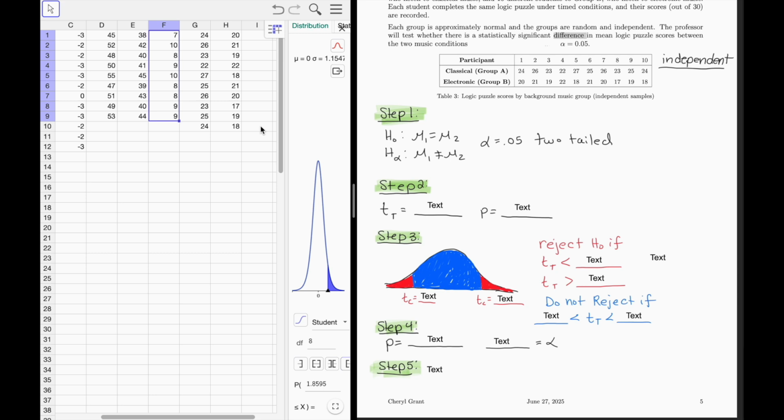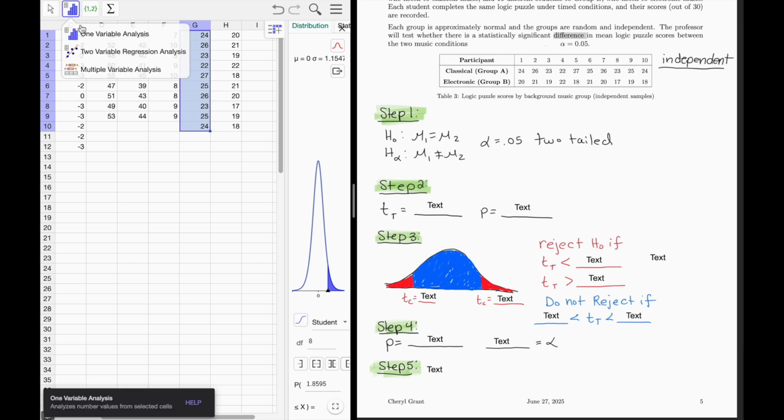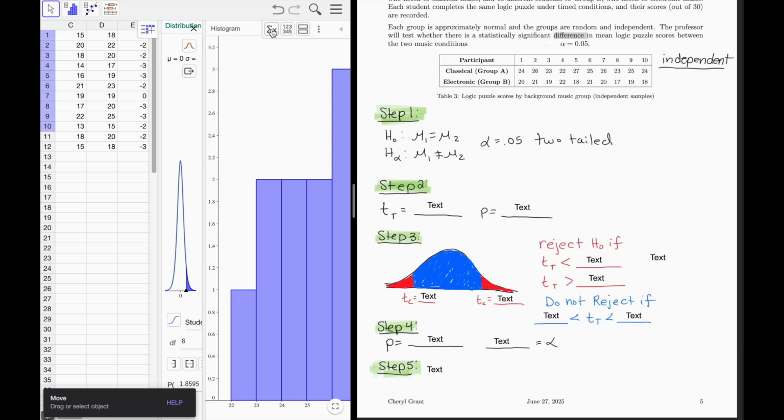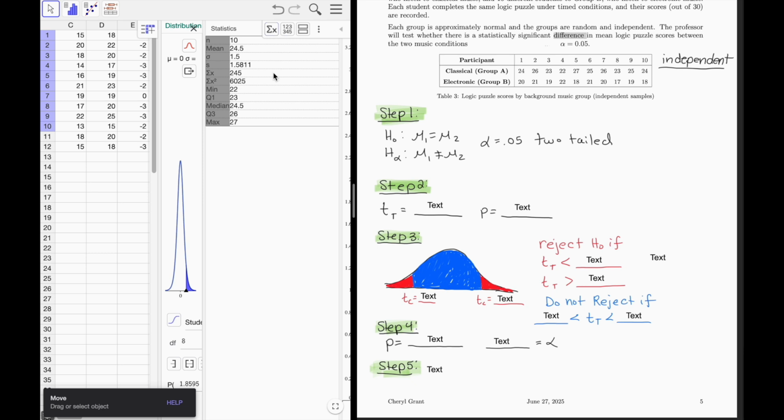So we're just going to find the mean and standard deviation for each group separately and then run a 2-sample t-test. So I have to find the mean and standard deviation for this group. So I'm going to choose one variable analysis and then choose show statistics.